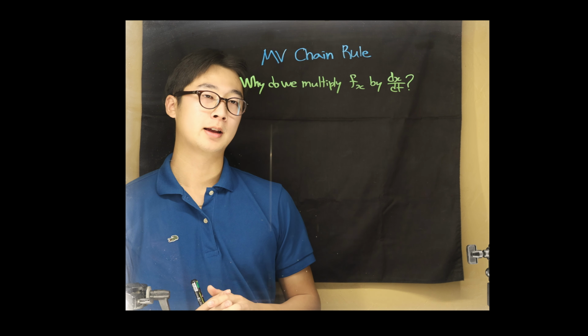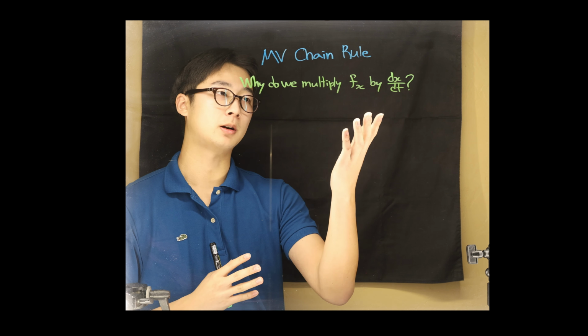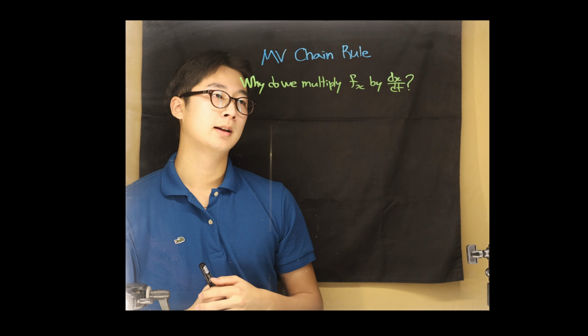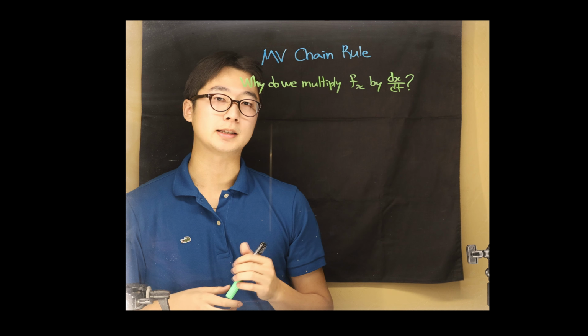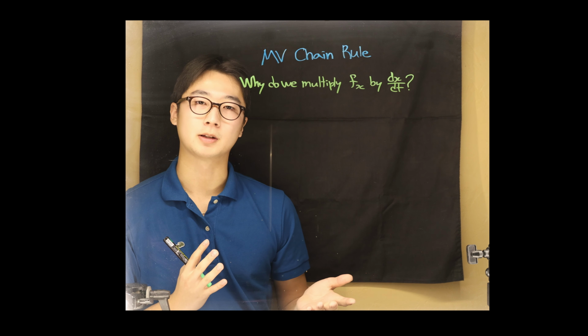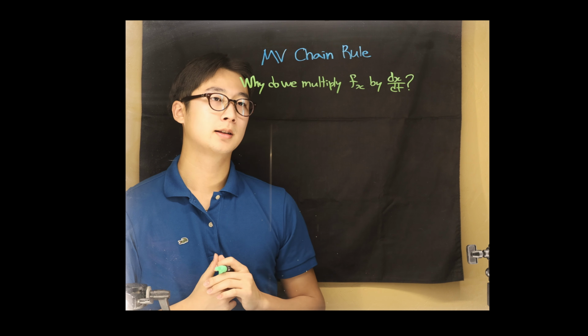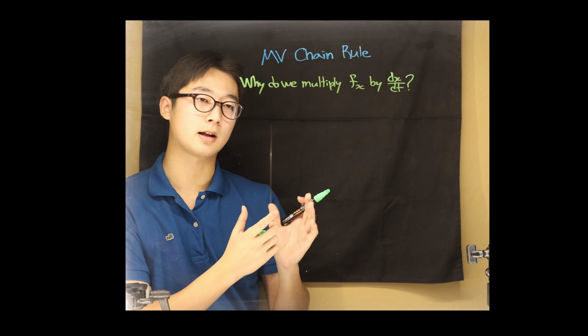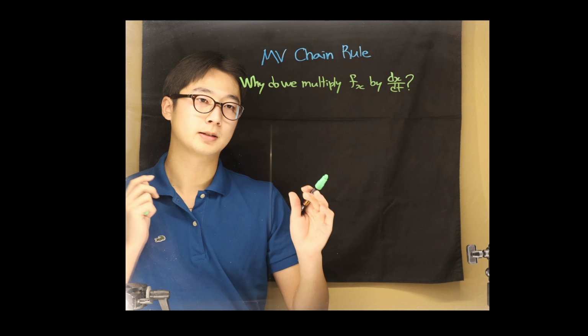Another question was, why do we multiply partial x by dx dt? Or why do we multiply partial y by dy dt? I was wondering, why do we have to multiply them? So let's talk about the x part. The logic goes the same for the y part.